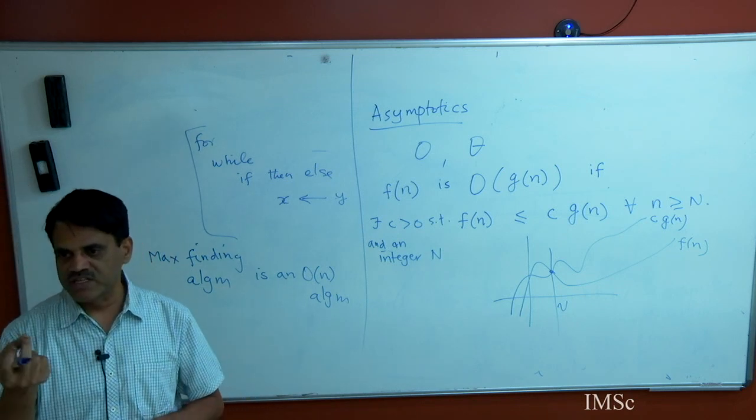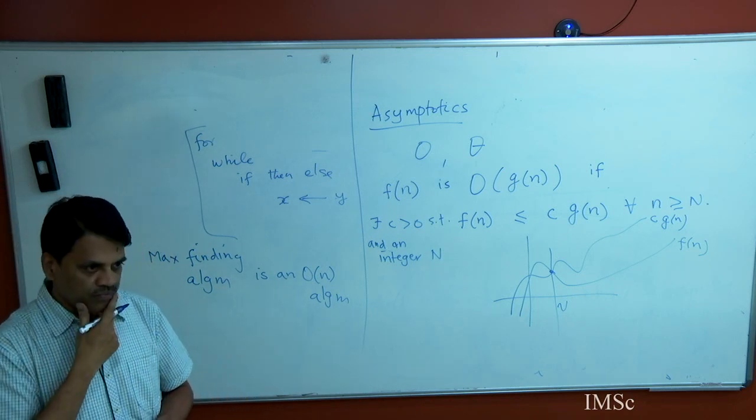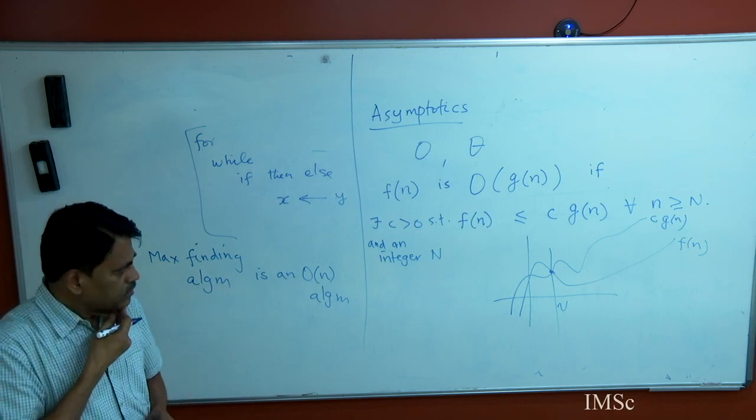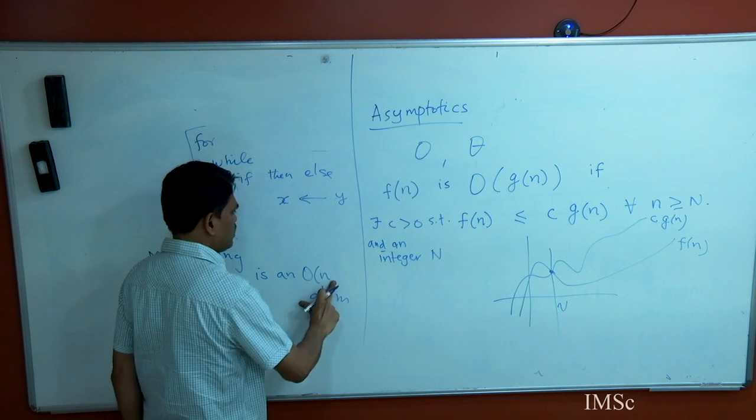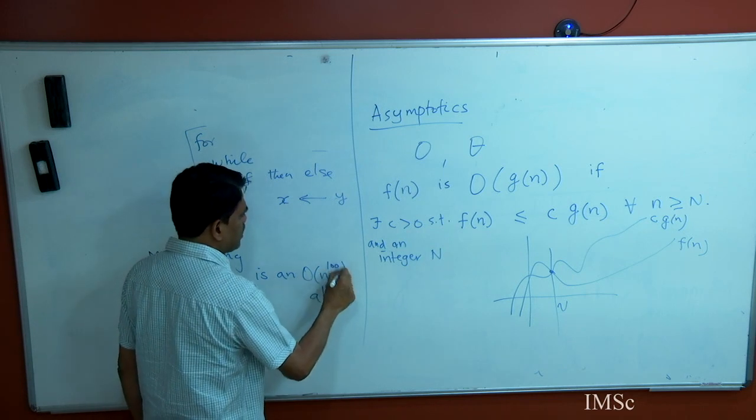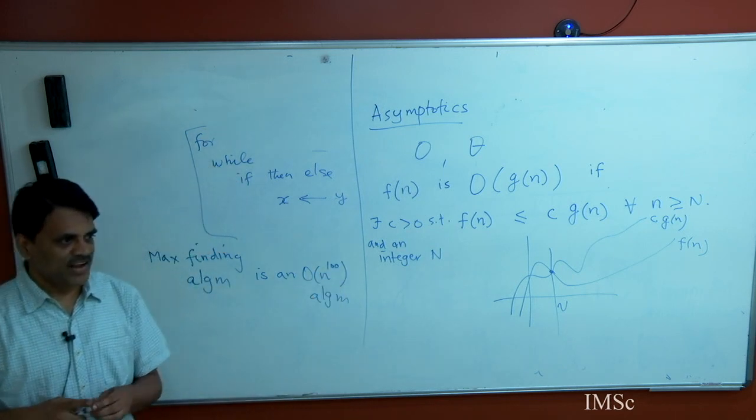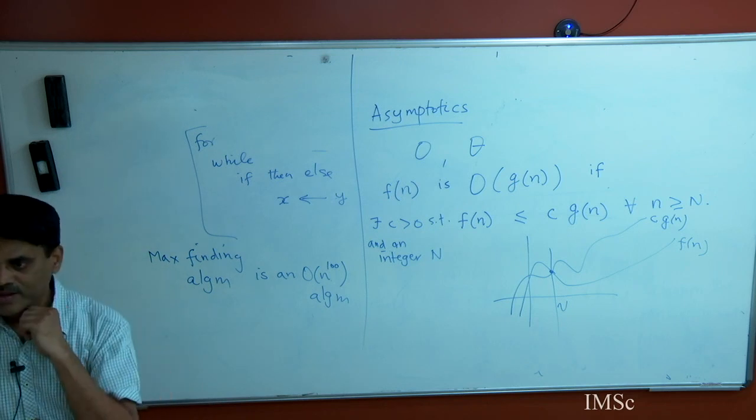That constant actually is even 1. Okay, but it is also an order n power 100 algorithm, right? Yes, no?